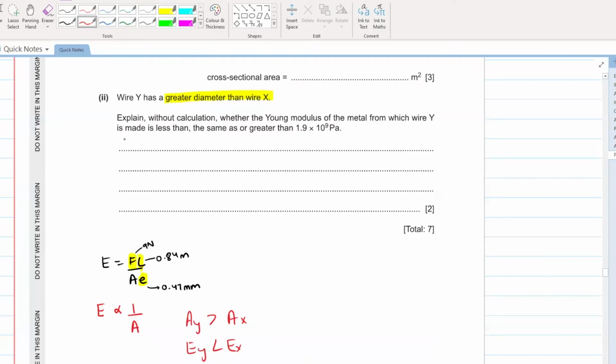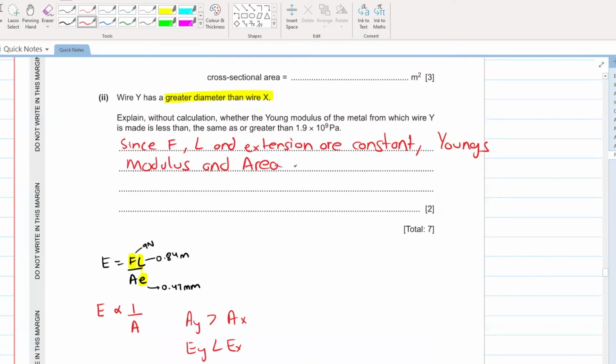Since force, length, and extension are constant, Young's modulus and area are inversely proportional.